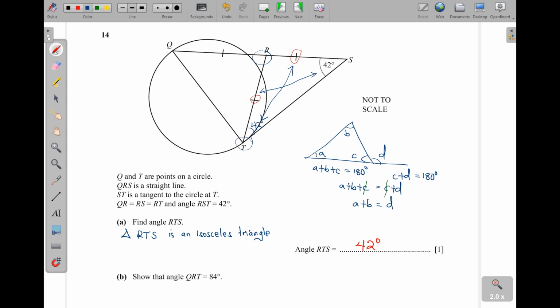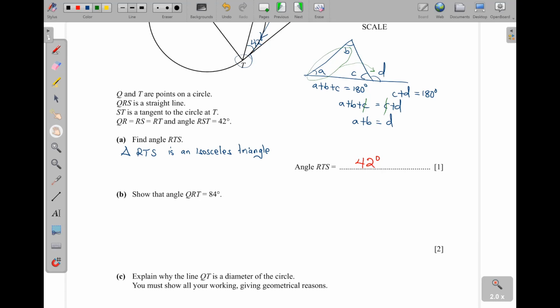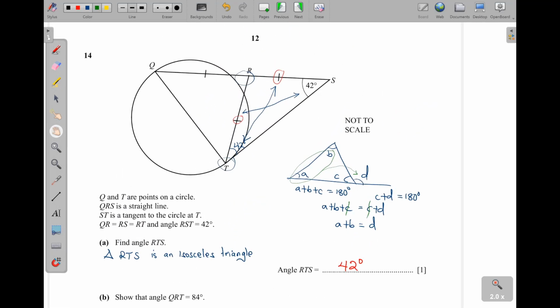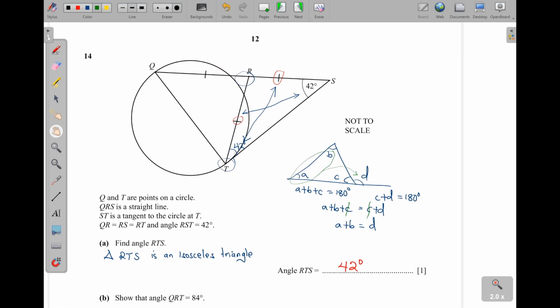So, the two opposite interior angles in a triangle add up to the exterior angle outside the triangle. That means I have here 42 and then 42 here. When I add them, they will give me this angle here. You see that?